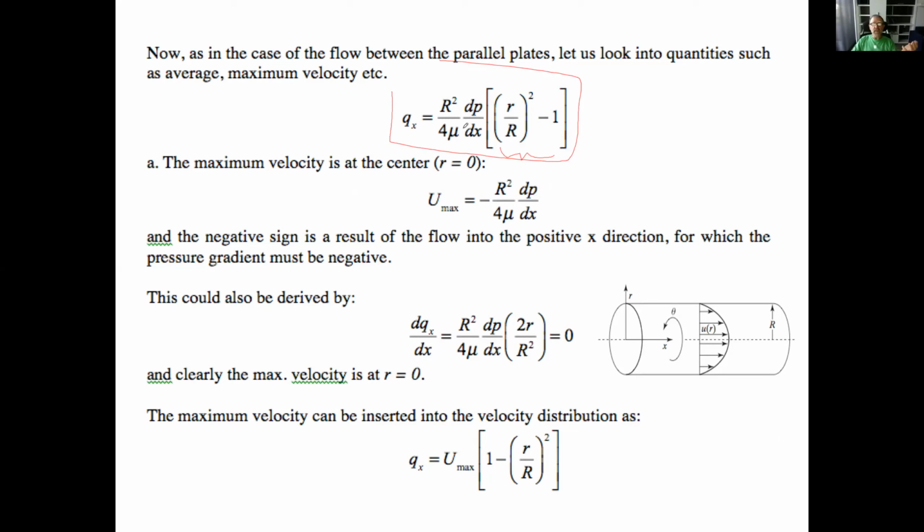Well, when r is equal to 0 at the center. So very simple. I just copy this from here and I get the minus sign from here. So clearly this coefficient, if I may call it that, is the maximum velocity. Why is there the minus sign? Because the pressure gradient must be negative. I mentioned that last time, and therefore that's the maximum velocity.